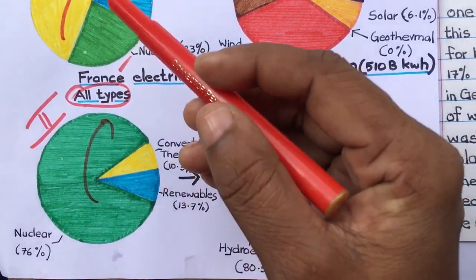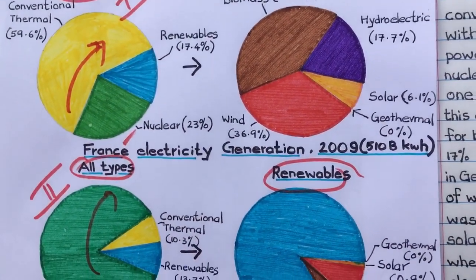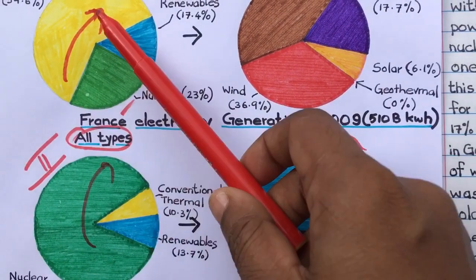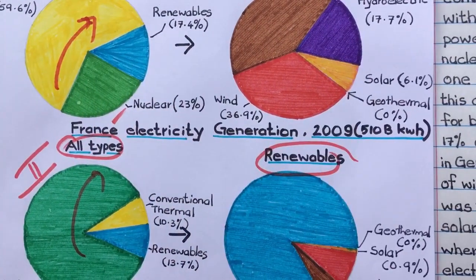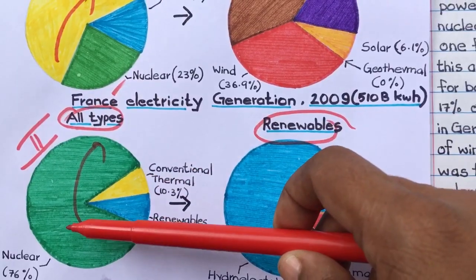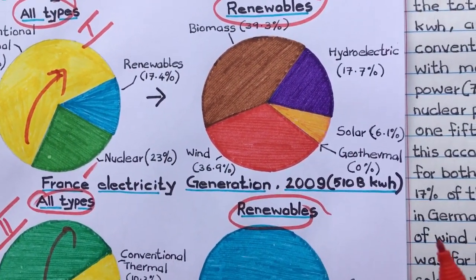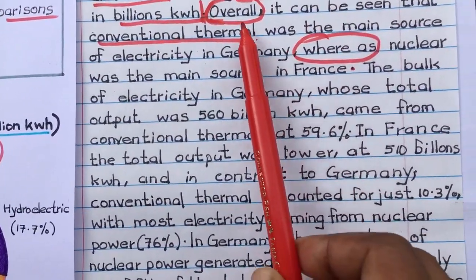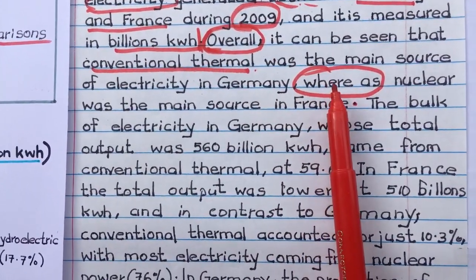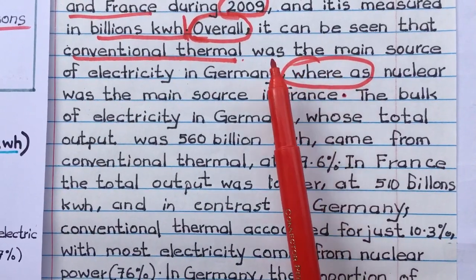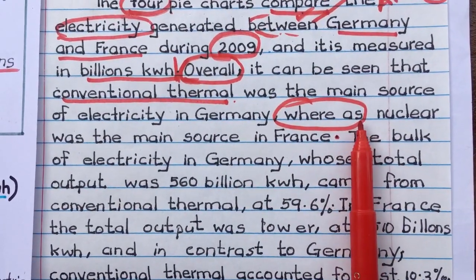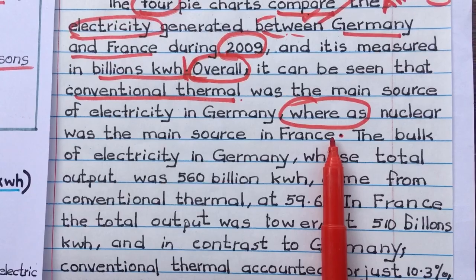Got it? Because we have talked about the major trend. This is the major trend in your pie chart, where most of the circumference is for nuclear in France and for conventional in Germany. So that's your sentence. I have used a connector, a comparison, over here: whereas. So you got it, this sentence.